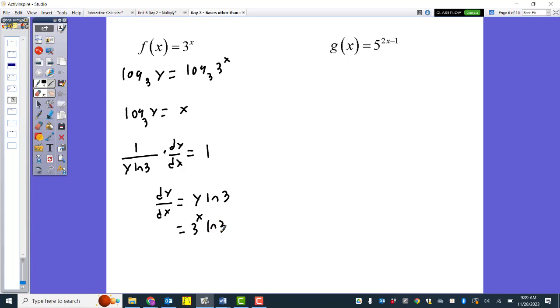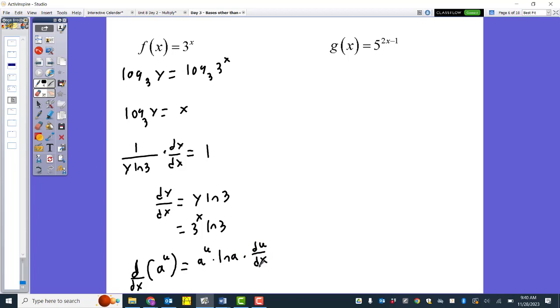So our general rule for exponents other than e for derivatives, if you're doing the derivative of some exponential other than e, so where a is something other than e, it's going to end up equaling a to the u times natural log of a times the derivative of your inside, of your u.